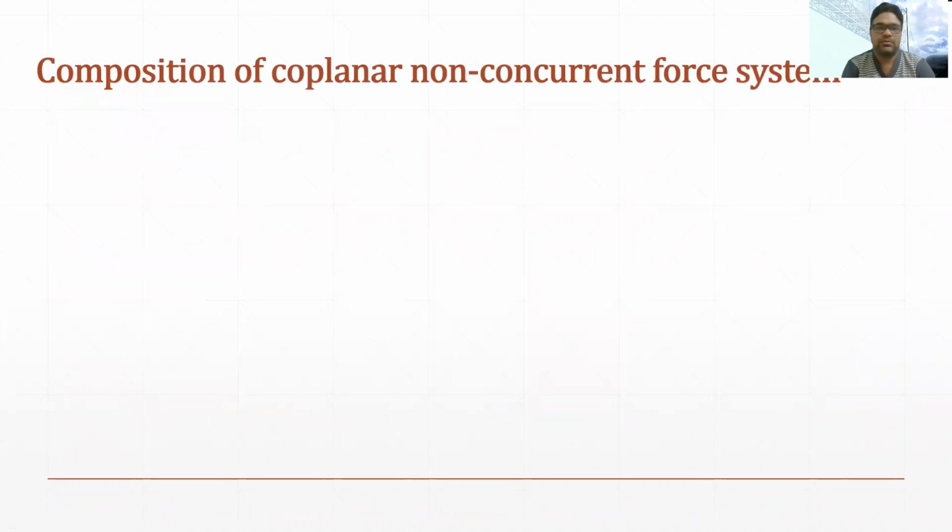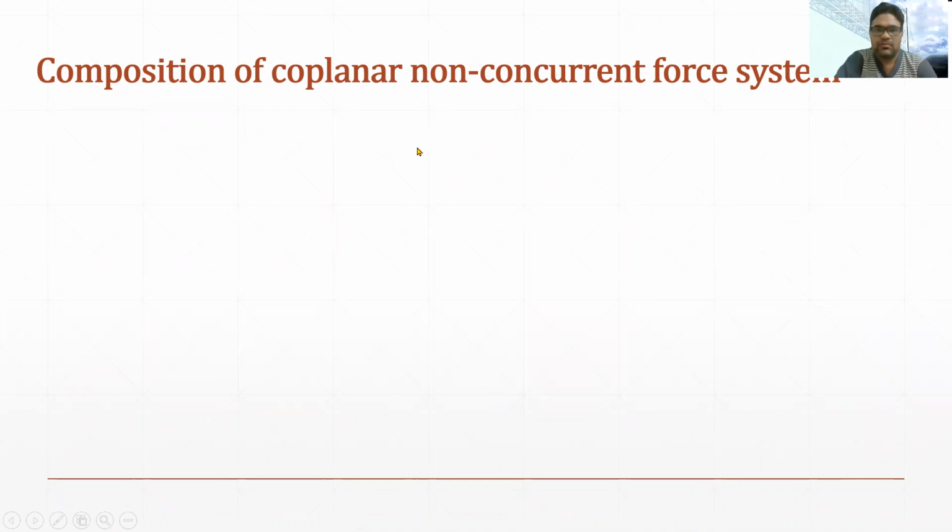So now talking about the resultant. In the previous lecture, we calculated the resultant of coplanar concurrent forces. And we know concurrent forces are those forces which may act on a point simultaneously.